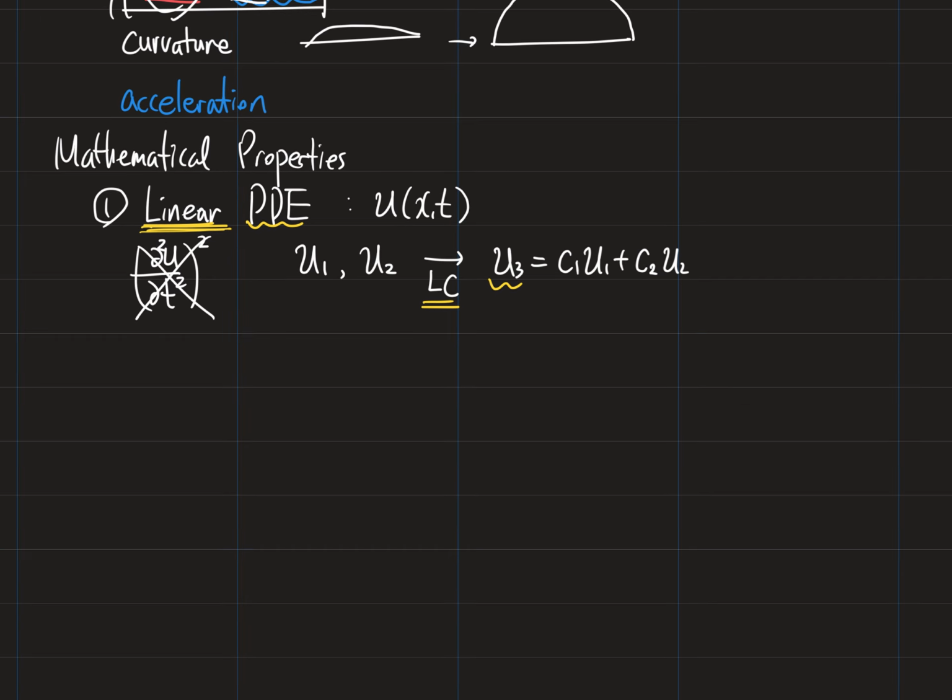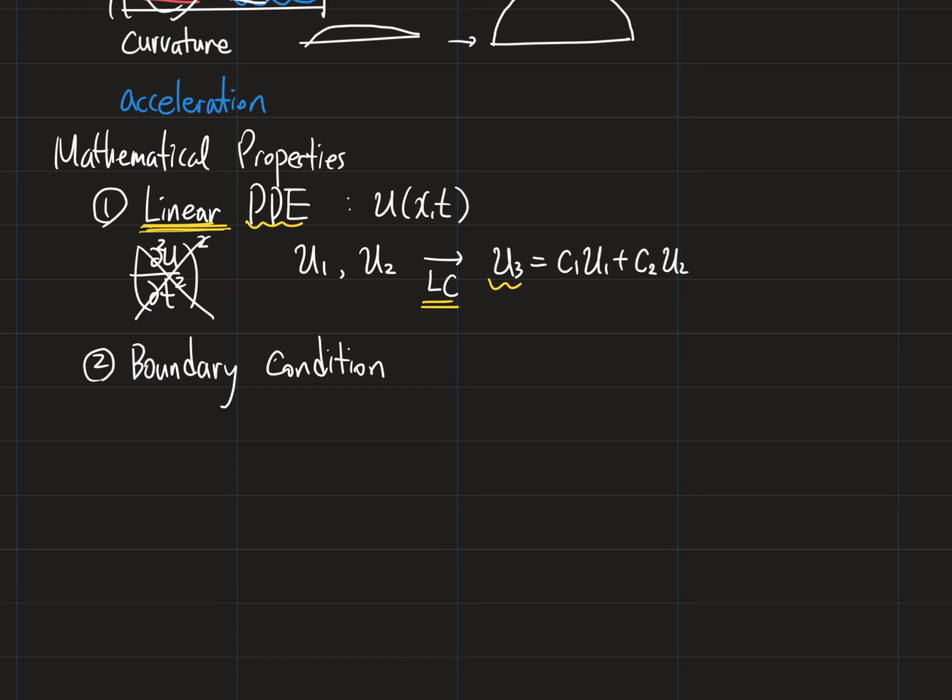And the second important property is the boundary condition. Our general one-dimensional wave equation gives you the general wave equation, right?